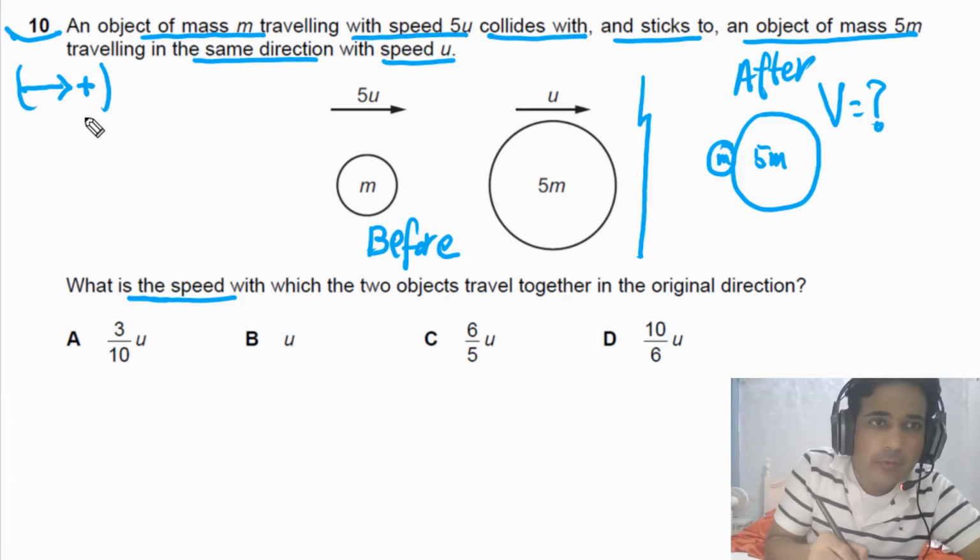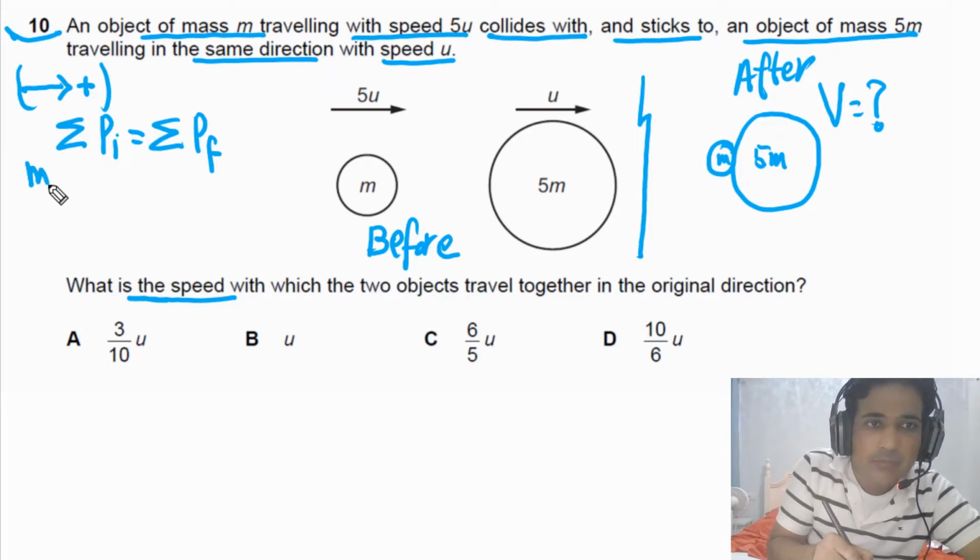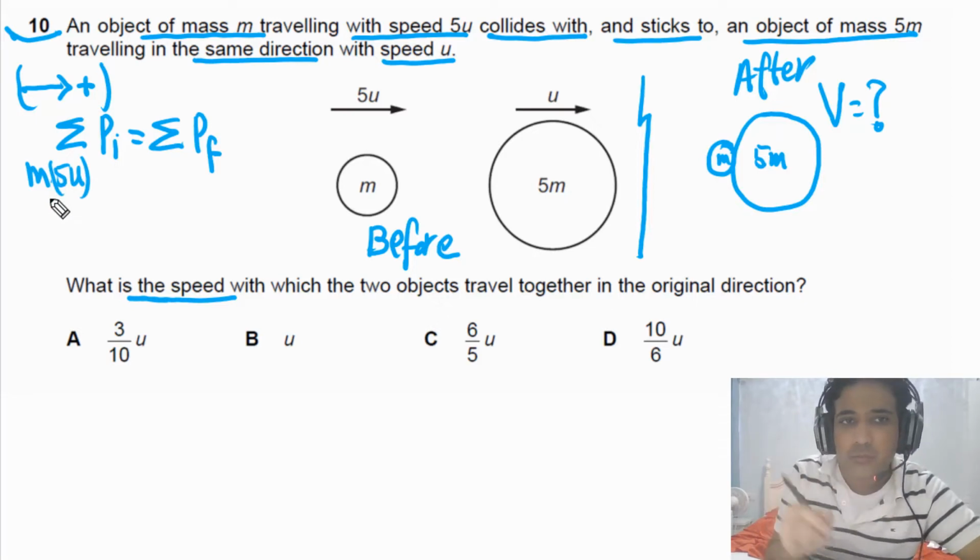If we write down the total initial momentum, it has to be equal to the total final momentum. We have two bodies. The first one has mass m and speed 5u, and the speed is positive because it is moving to the right.